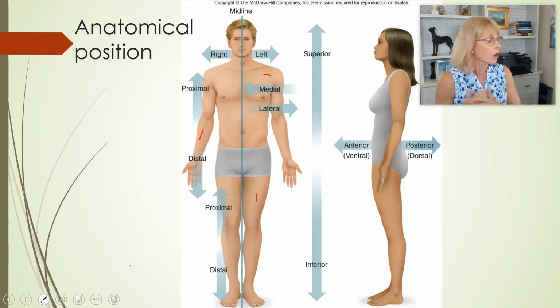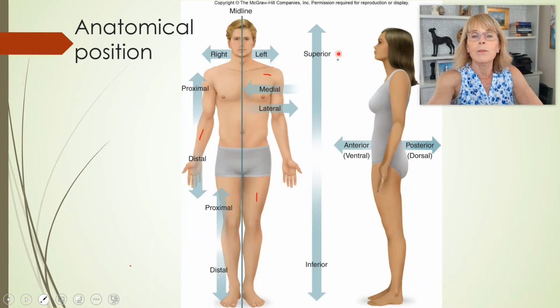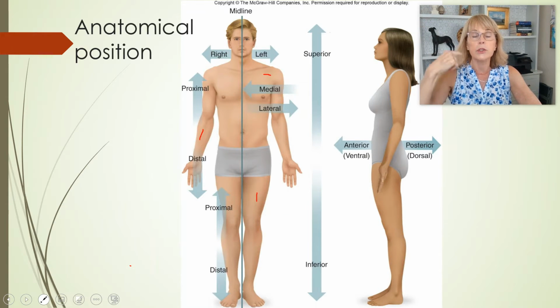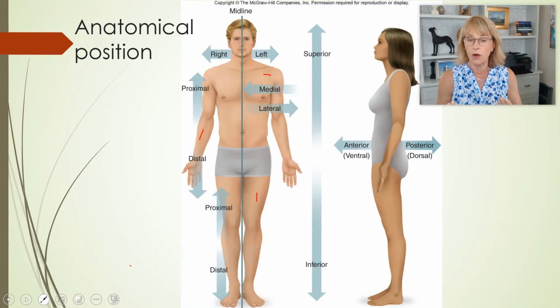So let's just start with the terms. By the way, they are on page 1, and I'd like you to notice that they are in pairs. So 1 and 2 are superior and inferior. They are a pair. Superior means the top of something or closer to the top, and inferior means the bottom of something or closer to the bottom.